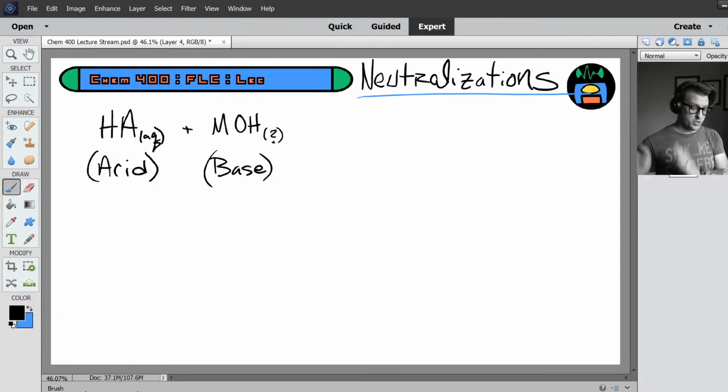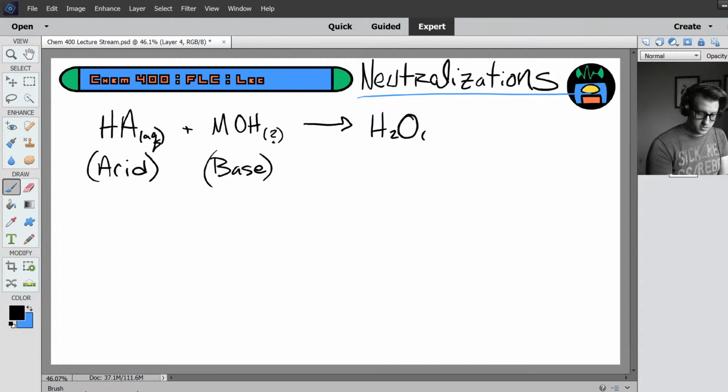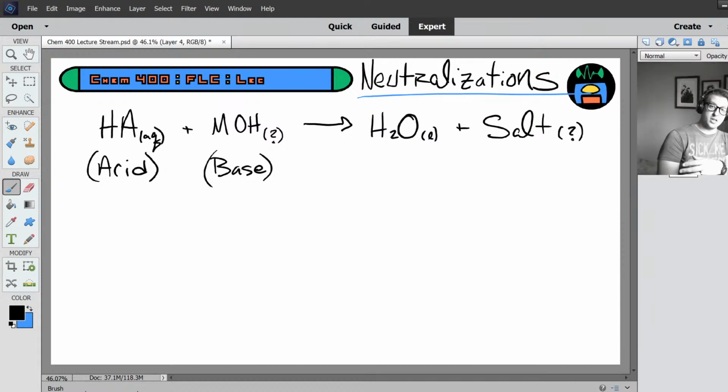So whether we put solid or aqueous depends upon what that metal cation is. And in a neutralization reaction, these two react to form always two products: liquid water and a salt, which could be aqueous or solid. That'll be determined by our solubility rules.